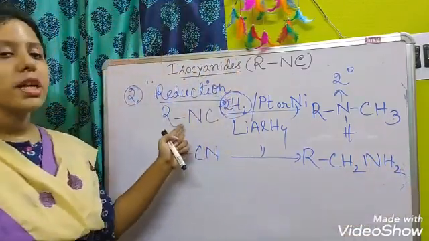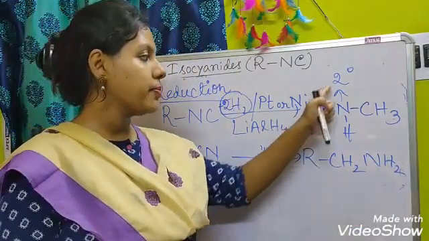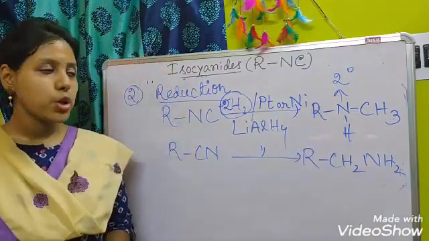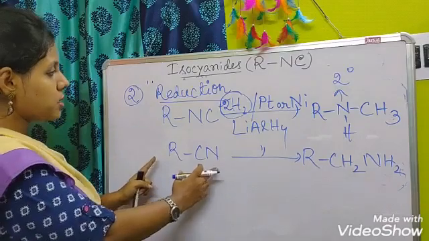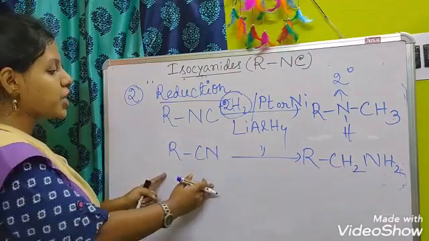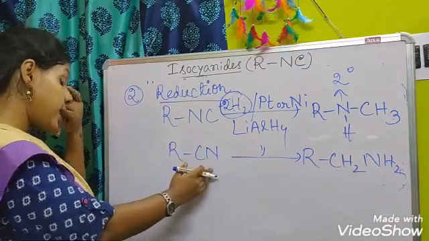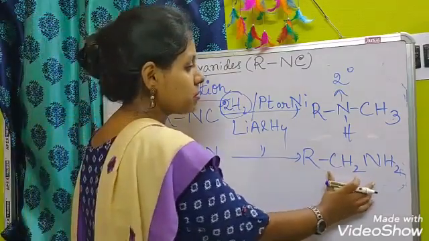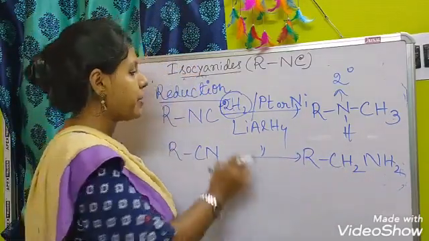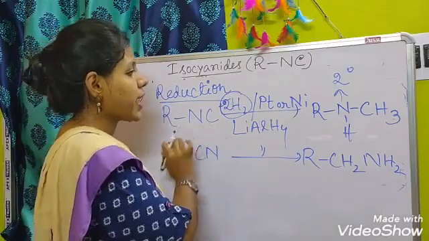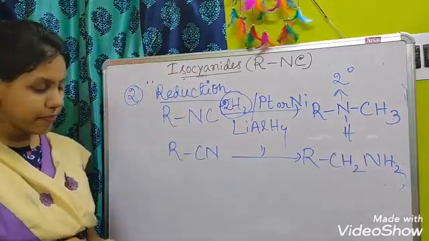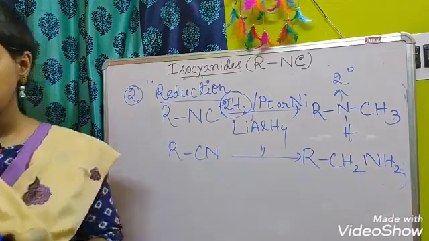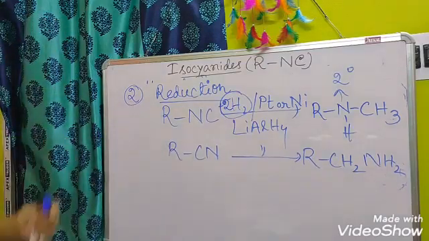But in case of the isocyanide, we are getting the 2-degree amine, that is the secondary amine. So after reduction of the cyanide we get a 1-degree or primary amine, and after reduction of the isocyanide we get the secondary amine. Okay, so this was the reduction reaction.